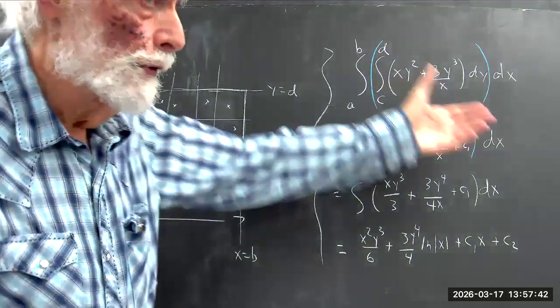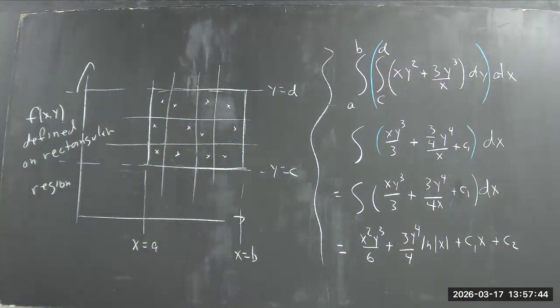How would we find the average value? Let's go back to our stack here. What do you think the average value of C is for this whole thing? Nominal thicknesses are all fairly small thickness, right?